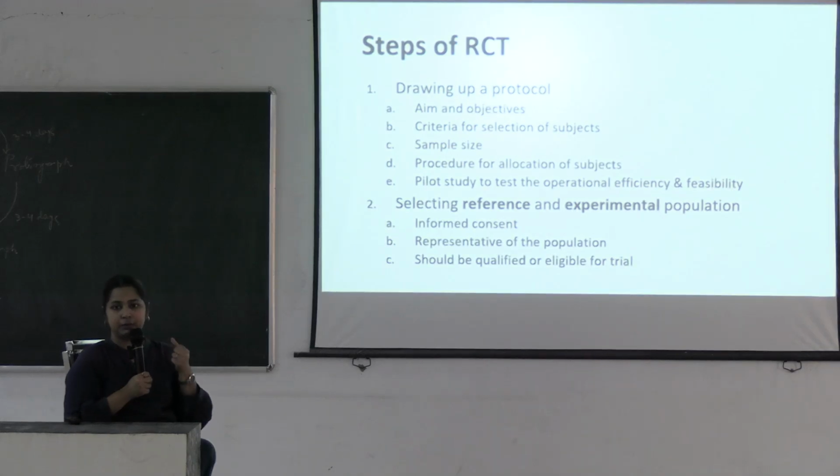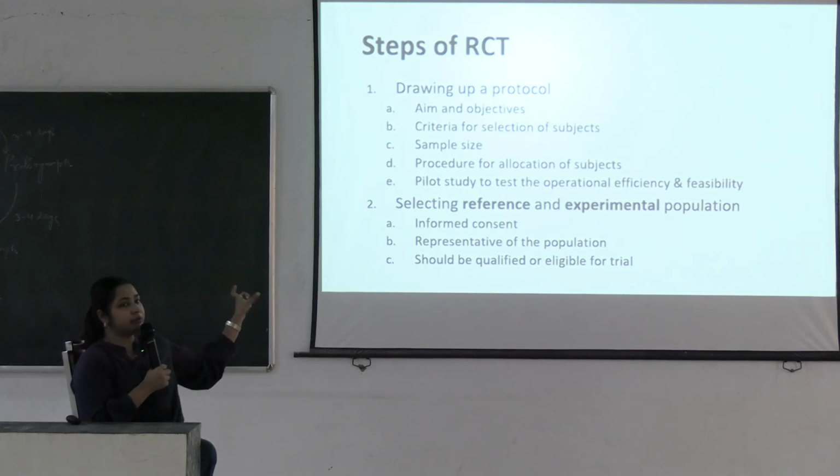And among the experimental population, as you have reached them, now you will check whether they are meeting the eligibility criteria or not. Eligibility criteria, for example, if you are above age 18 and have no complications as such, then you are included in the study. And if you are not giving consent or not willing to participate in the study, you are excluded.